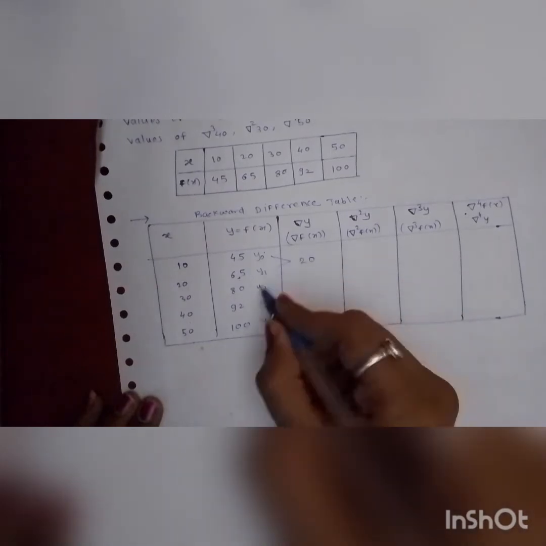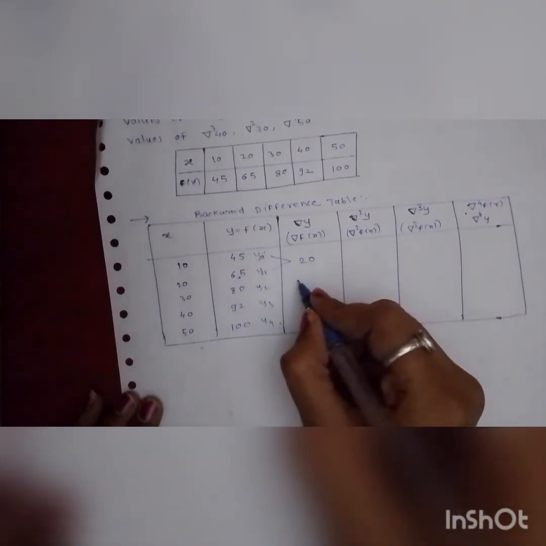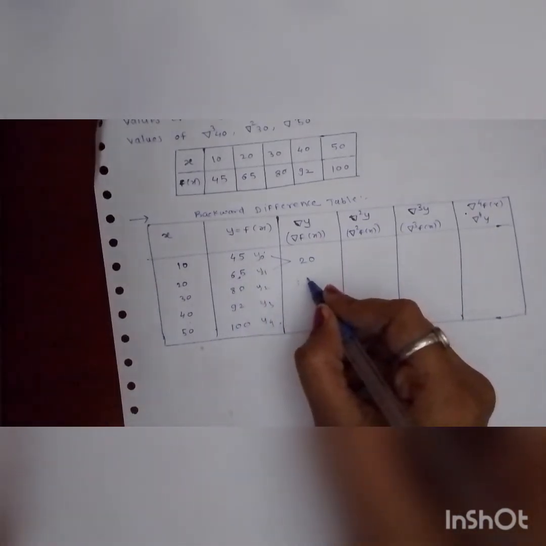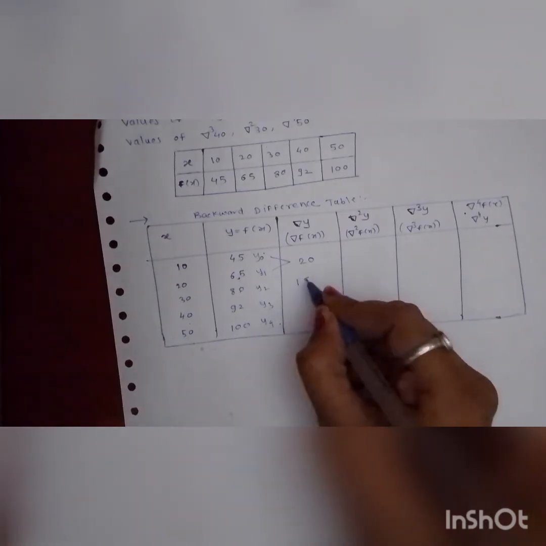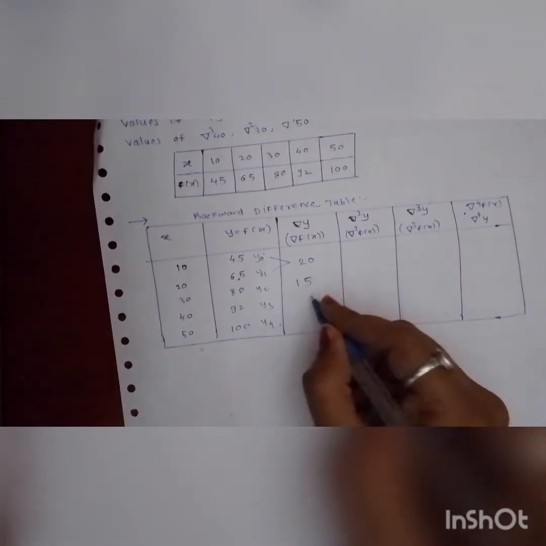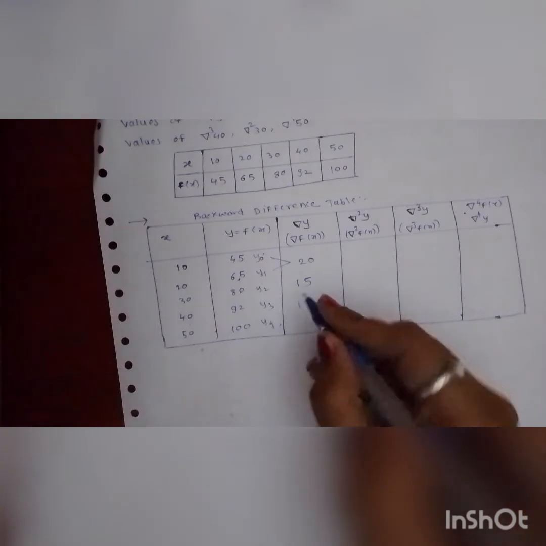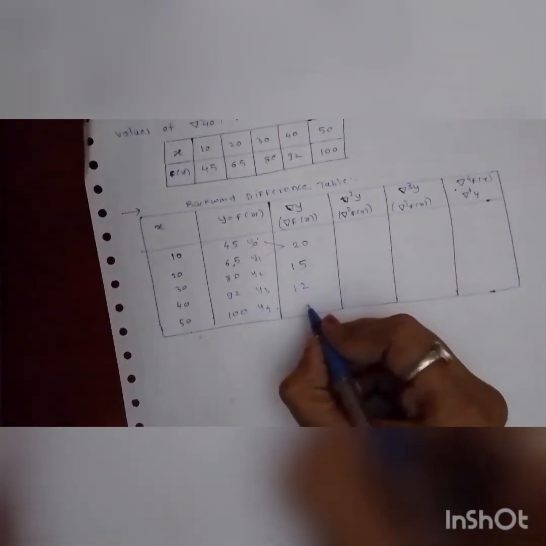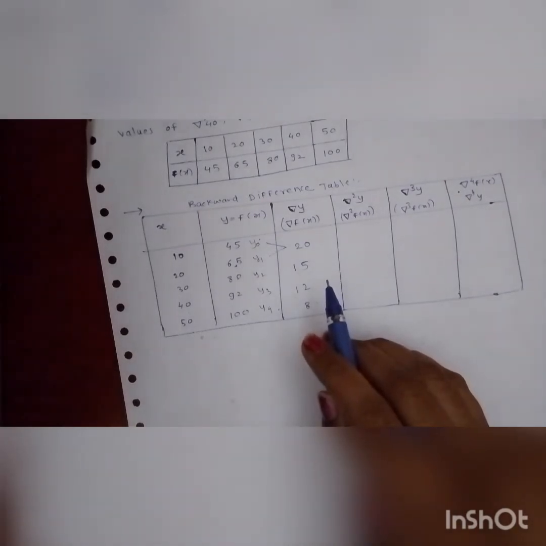From the next two values, 80 minus 65 is 15. 92 minus 80 is 12. And the last one, 100 minus 92, is 8. These are the values of del y.